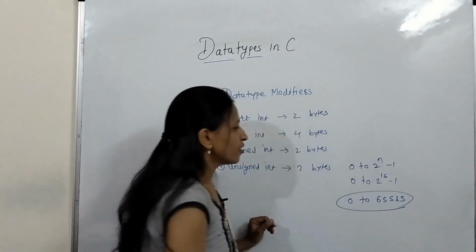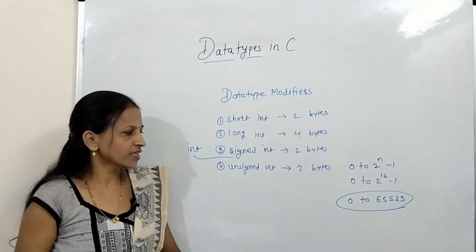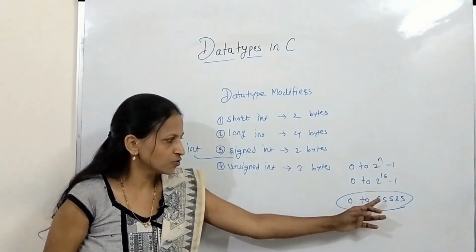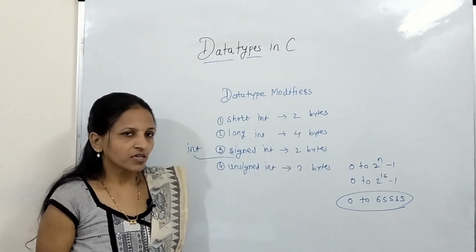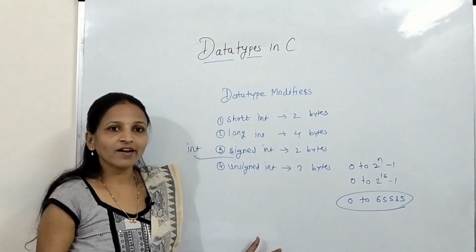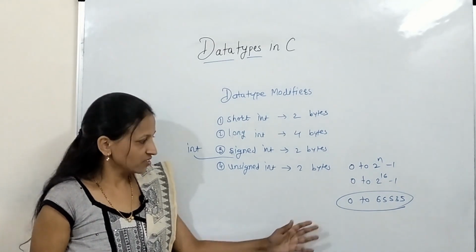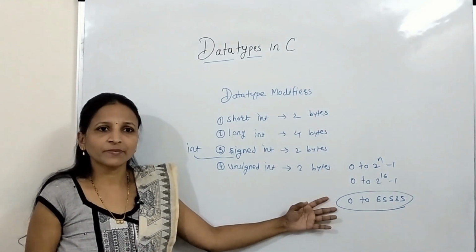This is the range for unsigned integer. You can store numbers between 0 and 65535 here. And suppose the salary is 1 lakh, 2 lakh, 3 lakh, then this is not capable of holding that much salary.